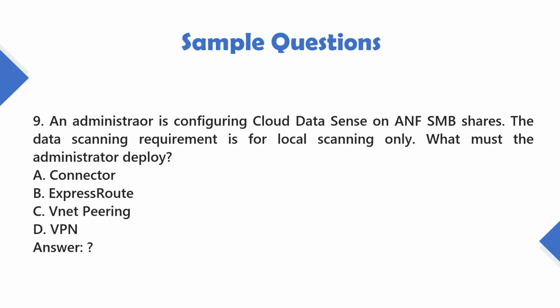9. An administrator is configuring Cloud Data Sense on ANF SMB shares. The data scanning requirement is for local scanning only. What must the administrator deploy? A. Connector. B. ExpressRoute. C. VNet peering. D. VPN. 10.